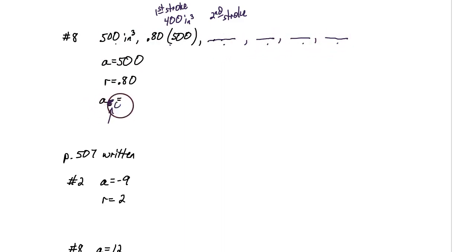Sure enough, we want to find a sub 6. So a sub 6 is equal to 500 times 0.80 to the 6 minus 1. After the pump has worked for 5 strokes, there will be 163 cubic inches of air left in the jar.